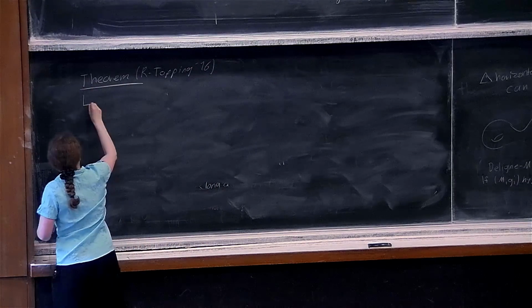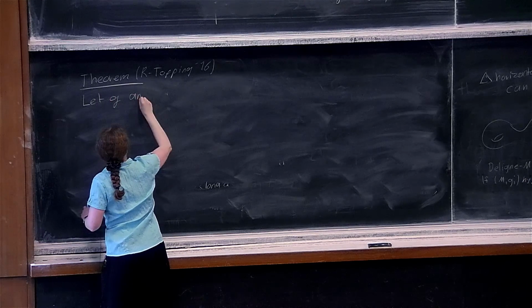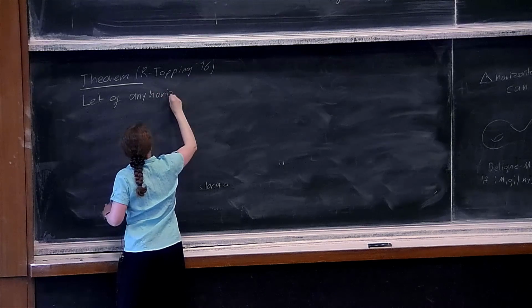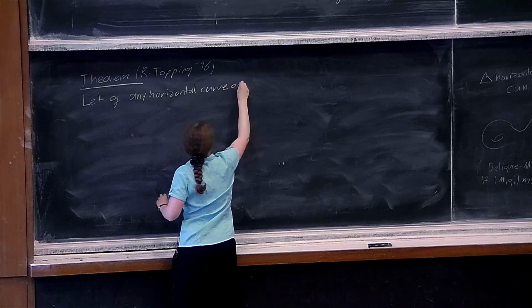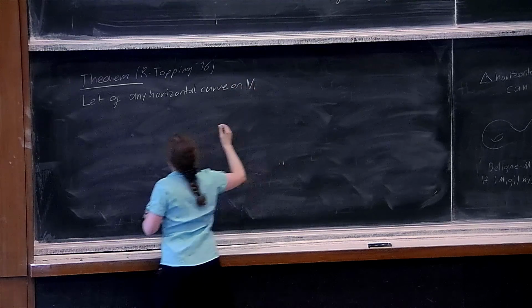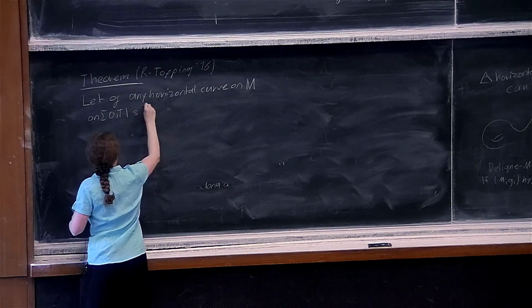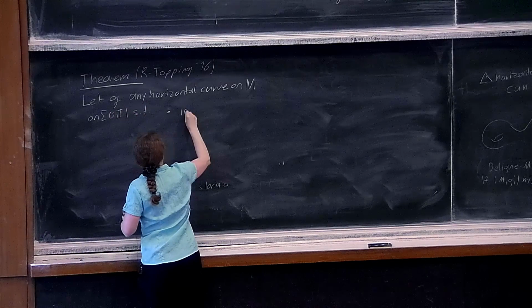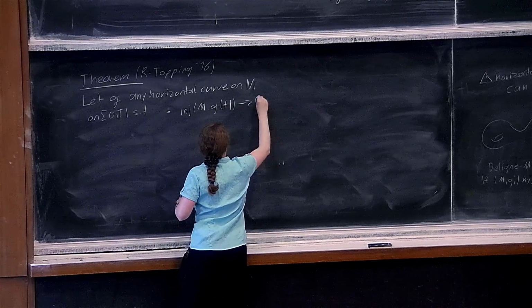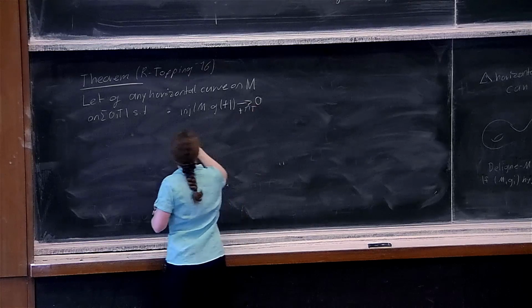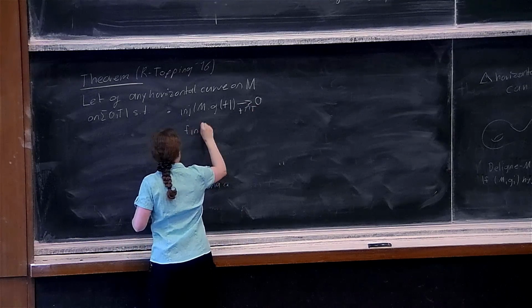Let G be any horizontal curve on M, say defined on an interval [0,T), such that the injectivity radius of M with respect to G of t goes to 0 as t goes to T. And additionally, we want this thing to be of finite length.